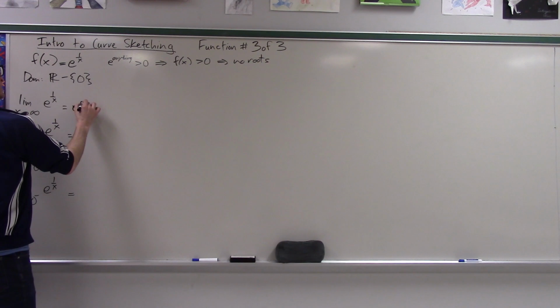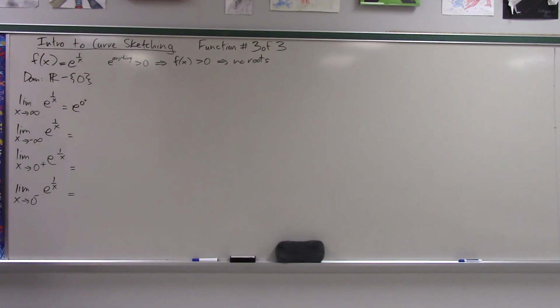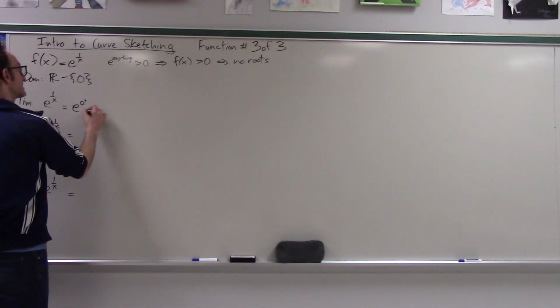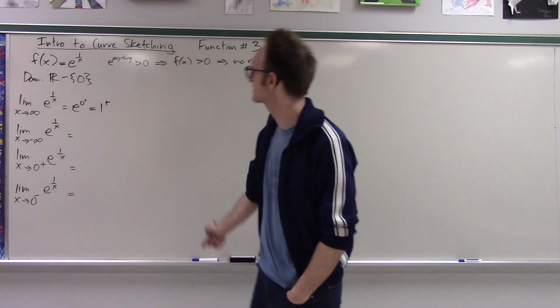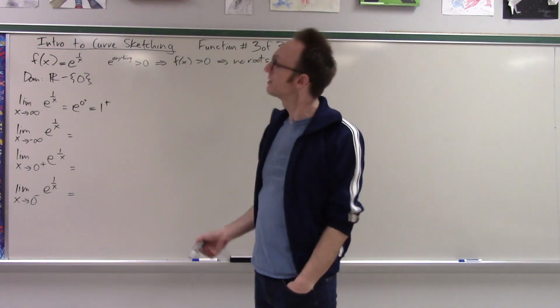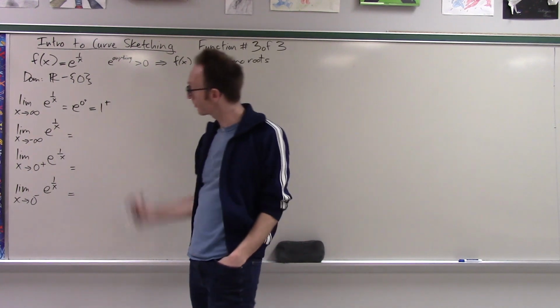If you plug in a huge number like 1,000,000 here, you get 1 over 1,000,000, that's going to be a tiny positive. And what is e to the 0 plus, so to speak? Well, e to the 0 is 1, and if you plug in a number that's a tiny bit more than 0, then what you're going to get is something that's a tiny bit more than 1. So the answer to this limit is 1, but for purposes of graphing, it's nice to know that it's going to be, in fact, a little bit more than 1.